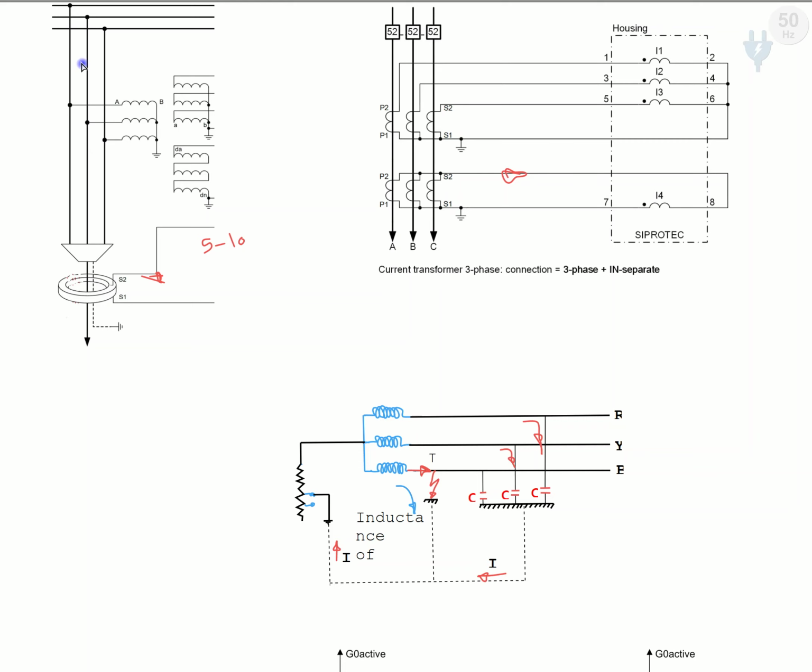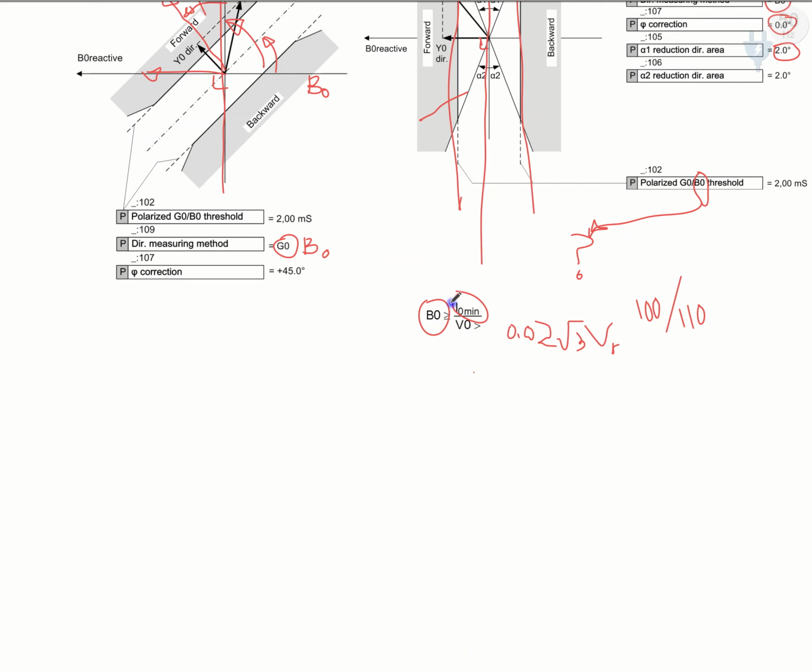In normal condition there is no fault, so you can measure this amount of current normally, and you expect that this is the minimum amount of current flowing during normal condition on the secondary side of the neutral CT. That value we put as I0 minimum and divide by V0 threshold, which is 0.02 times root 3 times V rated.